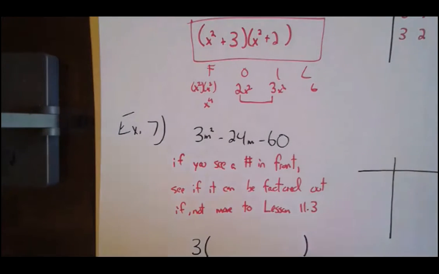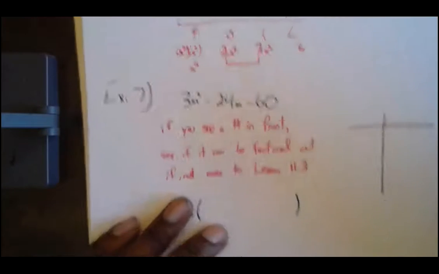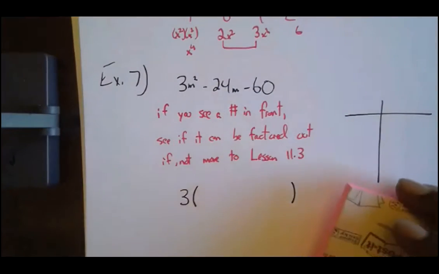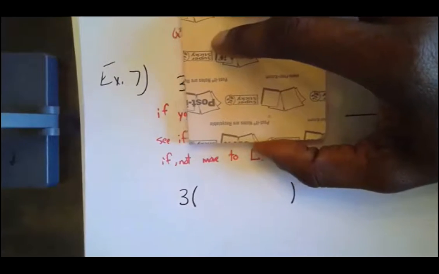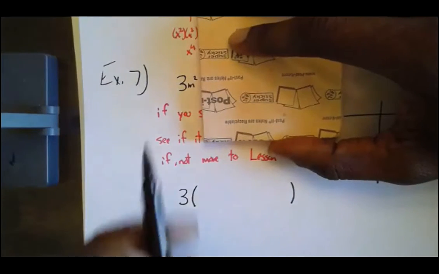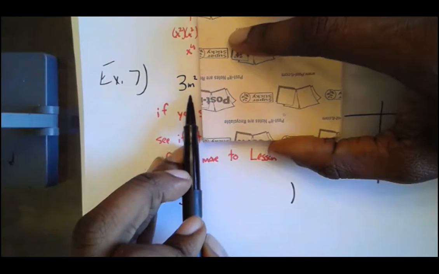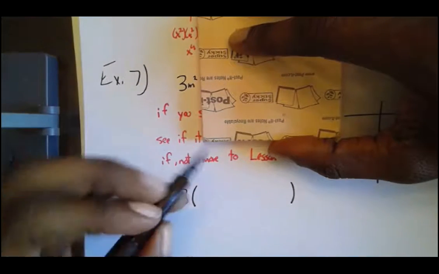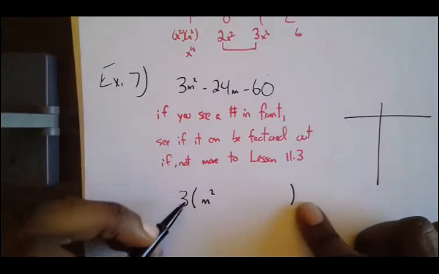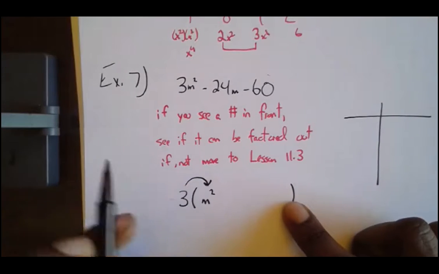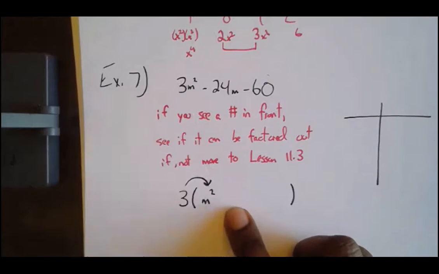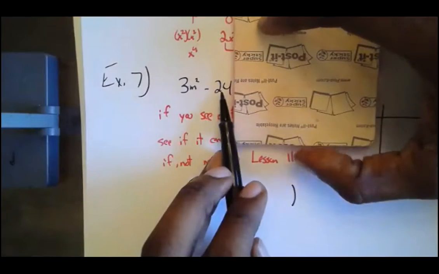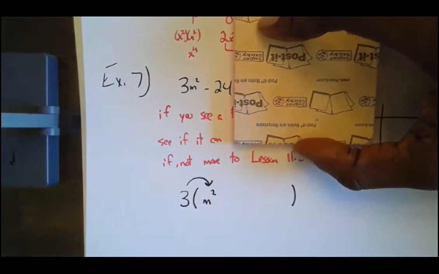Y'all remember why I said get lesson 11.1, because everything is based on that. If we remove a 3, what do we have left in the first term? What's left? m squared. Is that right? Because we know that when we multiply that out again, we have to get 3m squared, right? And when we remove 3, it's a division operation, right?